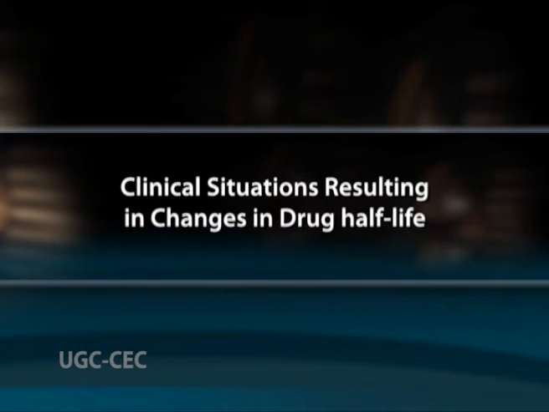Now, let us see the clinical situations resulting in changes in drug half-life. When a patient has an abnormality that alters the half-life of a drug, adjustment in dosage is required.